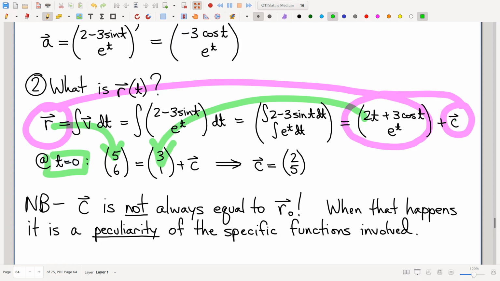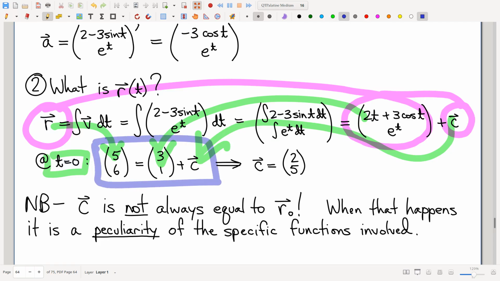And so this constant that I'm trying to understand, I can't plug in for it, of course, but when I plug in t equals 0, that purple equation turns into this dark blue equation, and then, of course, it's very easy to solve for c. So that's the process, right? This is how you evaluate that integration constant. You've got to plug in for your initial condition and then solve for that thing.